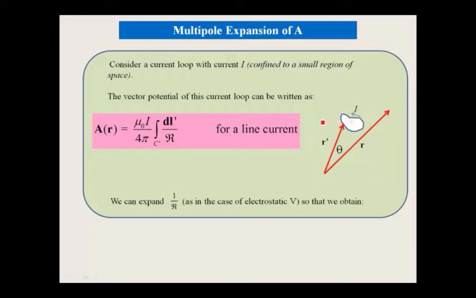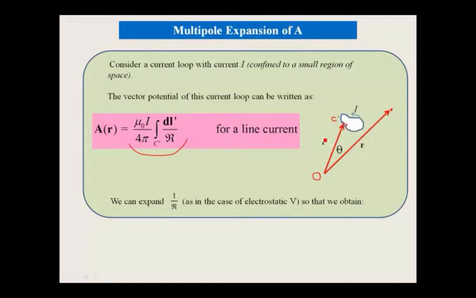We've written down the vector potential for various current distributions, but here's one in terms of a line current given by this expression, and C prime is the path over which we're integrating. R prime is the vector from the origin to this current loop, and so for example there'd be a little dl prime along the current loop that we're pointing to, and then R is coming to the field point, and so this is the source point.